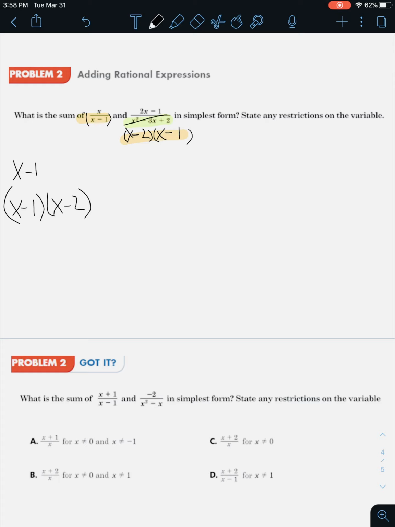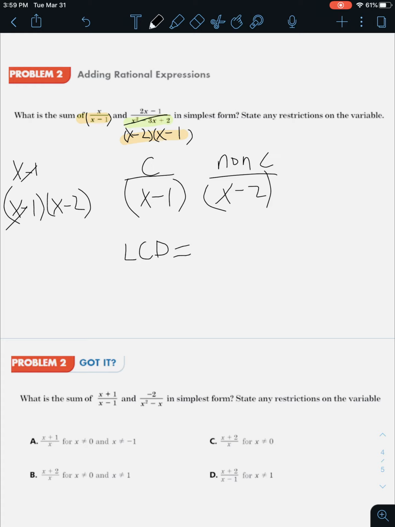The common factor would be x minus 1. The non-common is what's left over, x minus 2. So our least common denominator, LCD, in this case would be the product of x minus 1 and x minus 2.